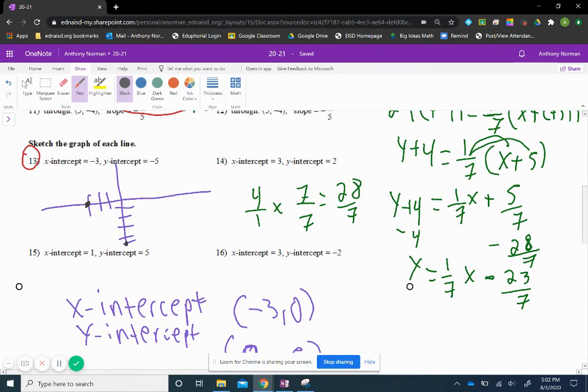So going down 5, we're going to go up 5 over 3. Wait a minute. We're going up 5 and over 3. What does that mean? It means we just have to connect our dots, because that's what our slope's going to be. So yes, this is our line.